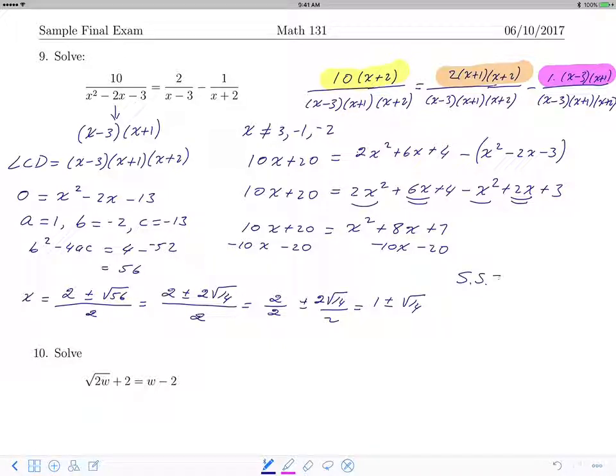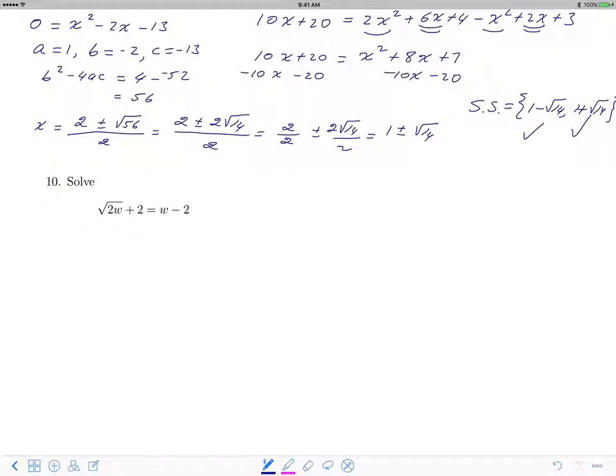So the two solutions are 1 minus square root of 14 and 1 plus square root of 14. And remember, none of them match our restricted values, so we're going to accept both of these so they can live in our solution set.